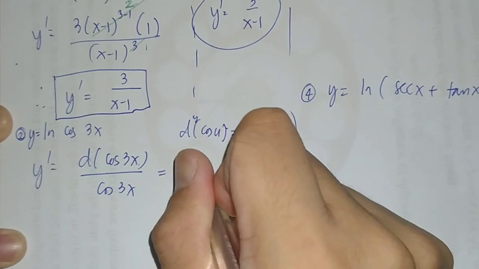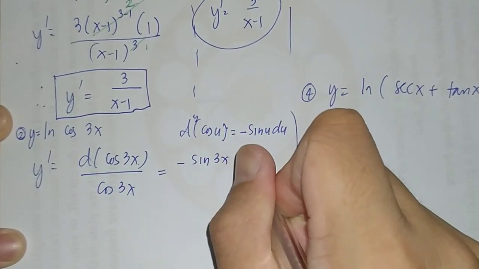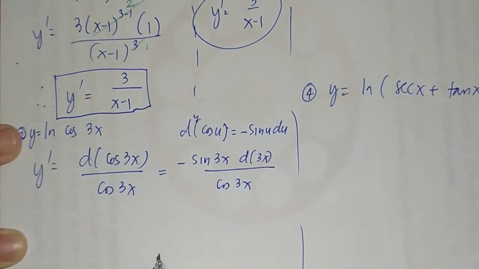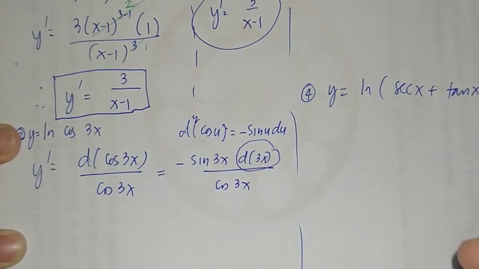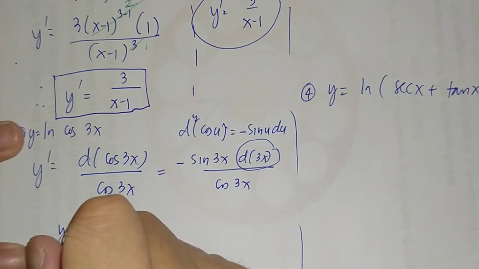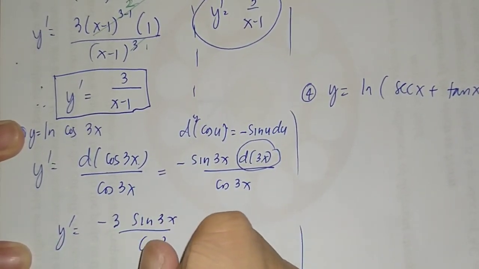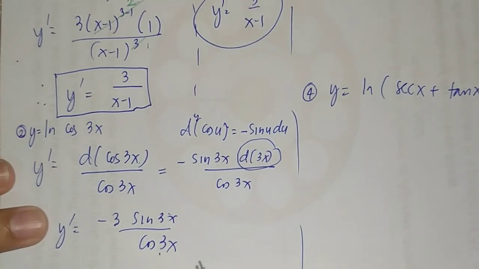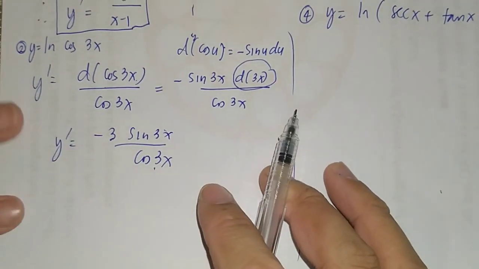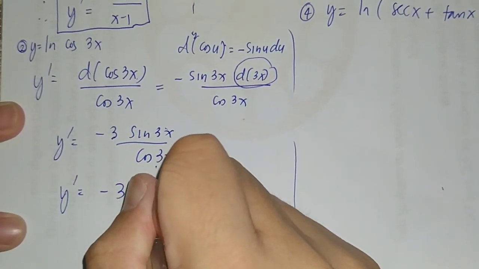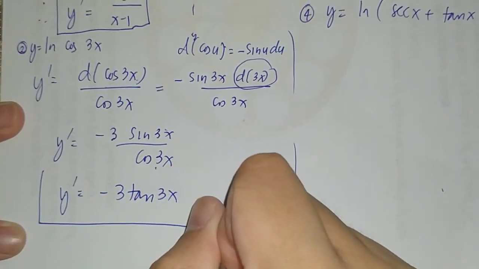So this is simply negative sine 3x times the derivative of 3x over cosine 3x. The derivative of 3x is 3. So this is negative 3 sine 3x over cosine 3x. But sine over cosine is tangent. Therefore, y prime here is negative 3 tangent 3x.